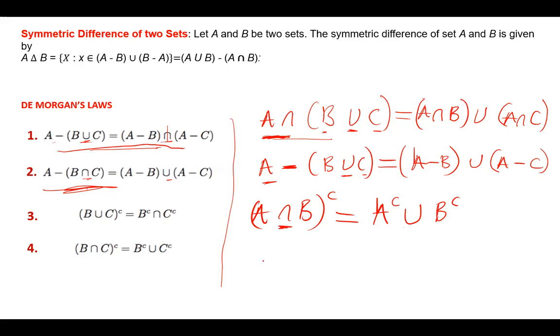So the same applies to the other form. When you have A union B, and then you have complement there, when you distribute the complement, this will become A complement intersection B complement.